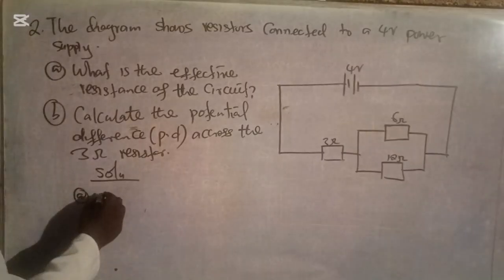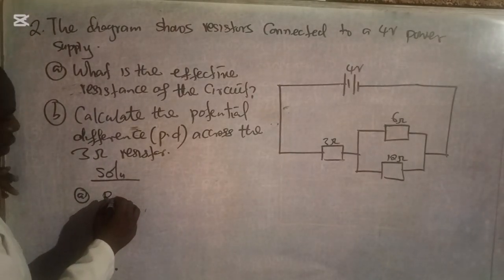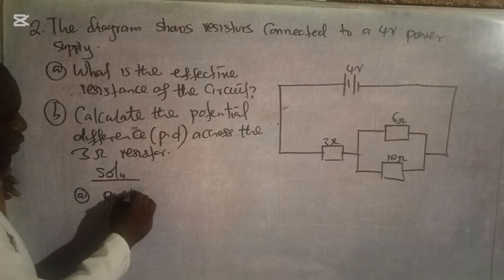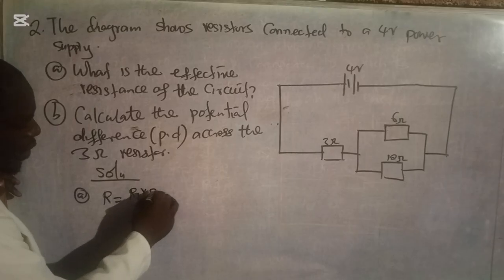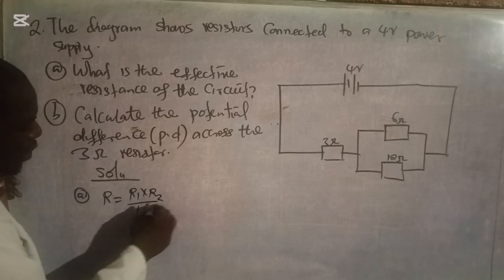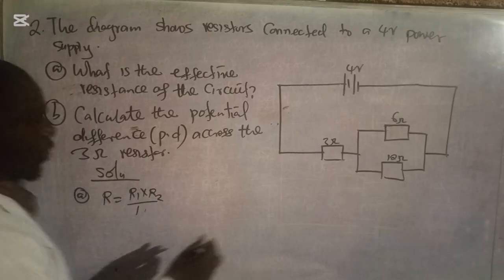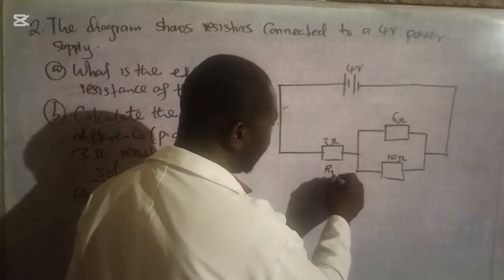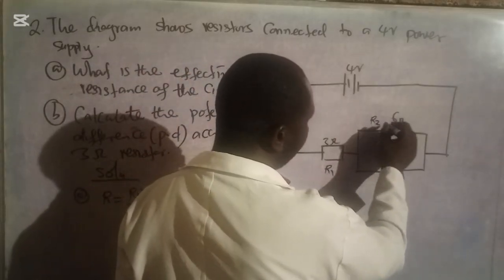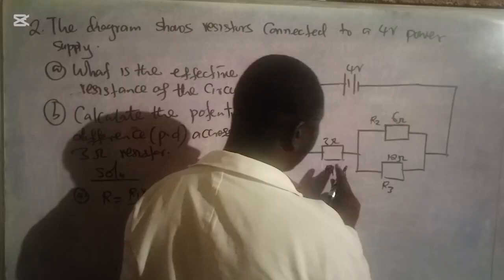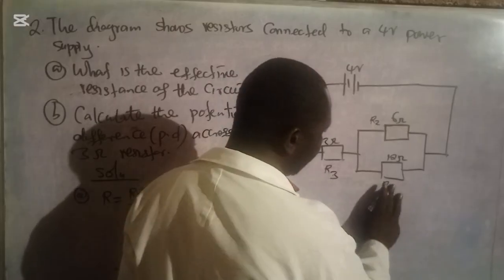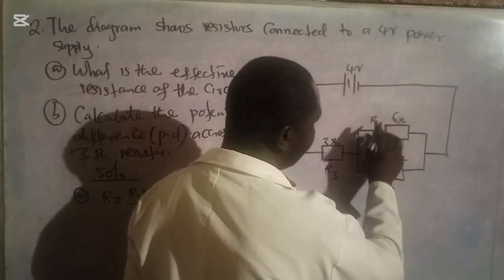So resistor is equal to, in parallel we say R1 times R2 over R1 plus R2. Or if you want you can use R2, R3 and R1 like this.